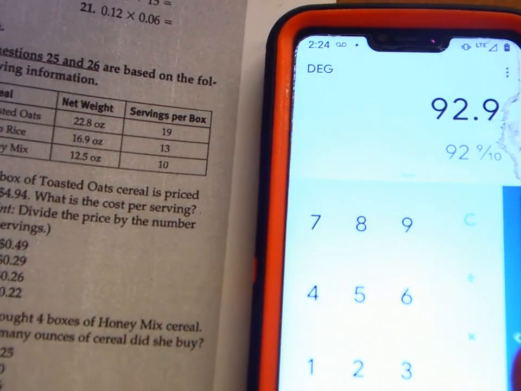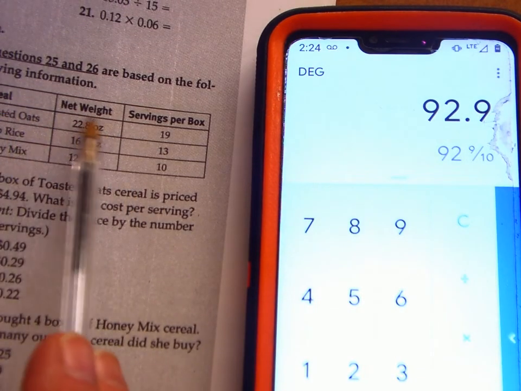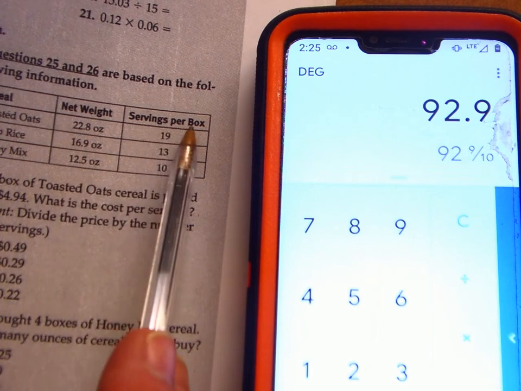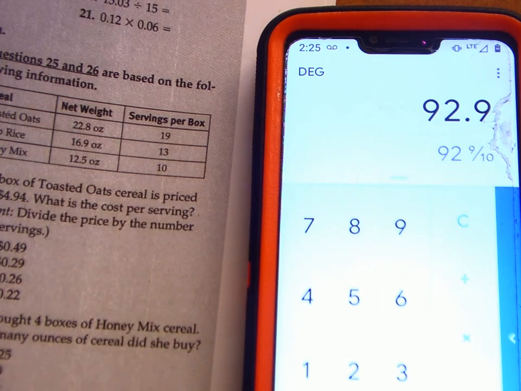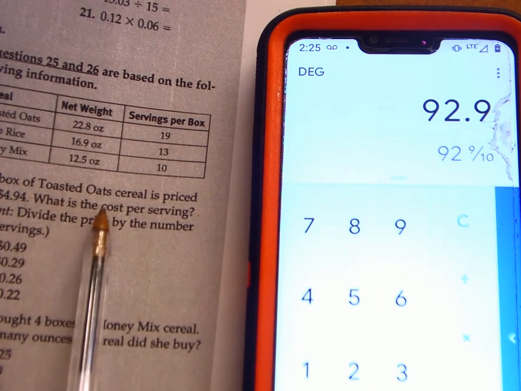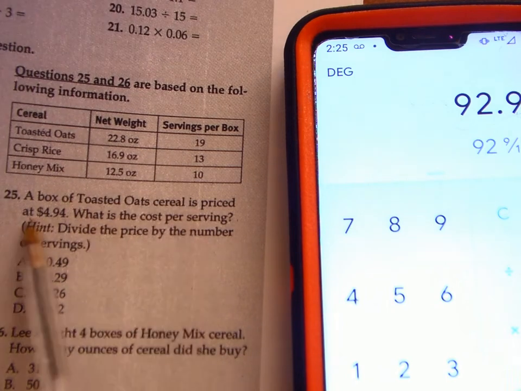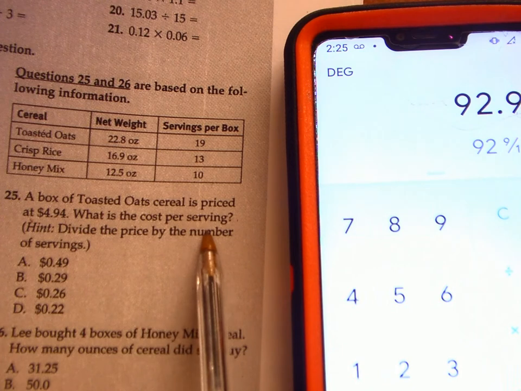Okay, on these last two, we're going to use the chart. Here's our cereals. Here's the weight of the cereal in the box. And this is how many servings you get from each box. Okay? A box of toasted oats, so we're only working with the toasted oats one, is priced at $4.94. What is the cost per serving?